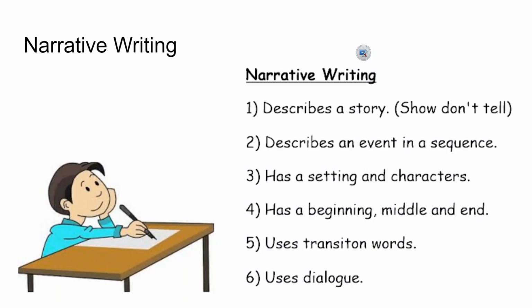So you normally would have had those transition words in your red binder or your red folder, but I'll make sure that I add that to Google Classroom. And then narrative writing also uses dialogue. So the characters are speaking. Again, this is showing, not telling. You're not telling me what the character said, you're showing me that they're talking.